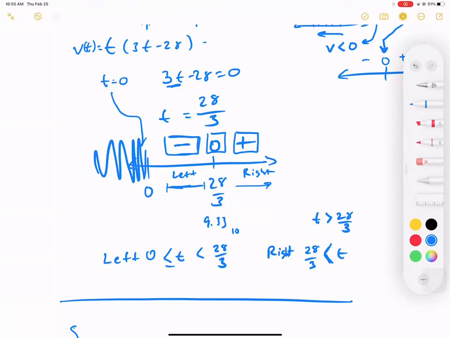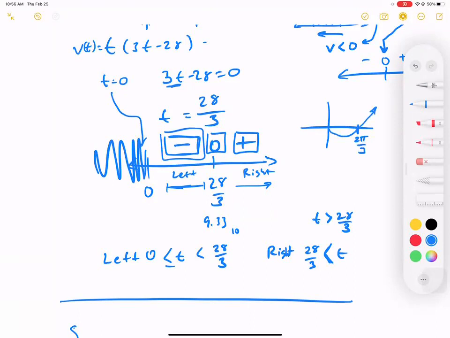Thank you. Now, how would this graph of position look? Well, remember how we said we were negative here? So we'd actually have been losing position till about 28 over 3. And then we would have broken through and gained positive position afterwards.